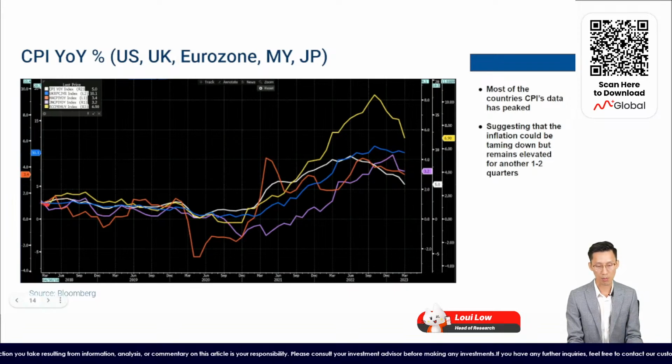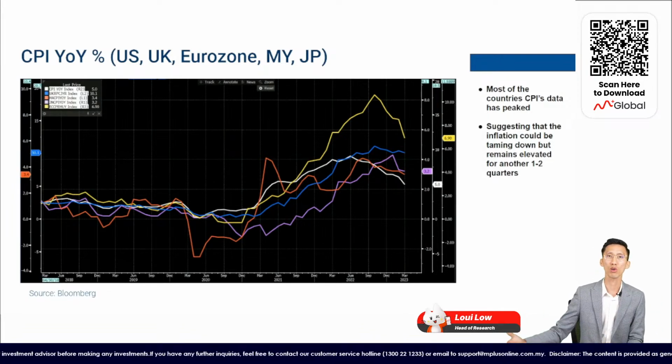The 2018 number is about 2%, and that is the Federal Reserve inflation target right now. If we look at CPI numbers in the US, right now it's still about 5, and they need to go down to 2, which means they need to take some time to hit that number.